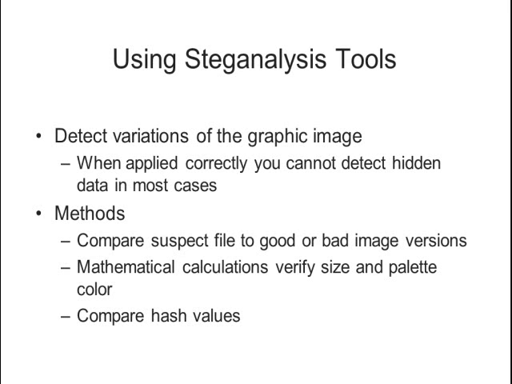This can be very time consuming. Furthermore, when steganography has been applied correctly, in most cases you cannot find the hidden data. Some of the methods steg tools employ when analyzing image files include comparing the suspect file to a good or bad image version, mathematical calculations to verify size and palette color, and comparing hash values.